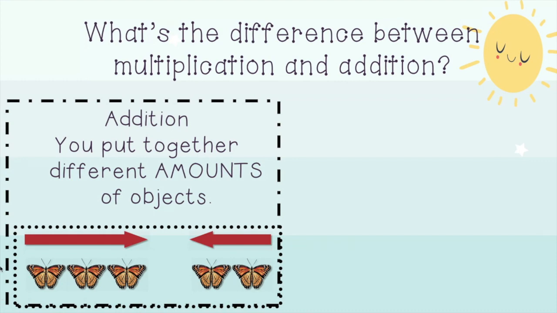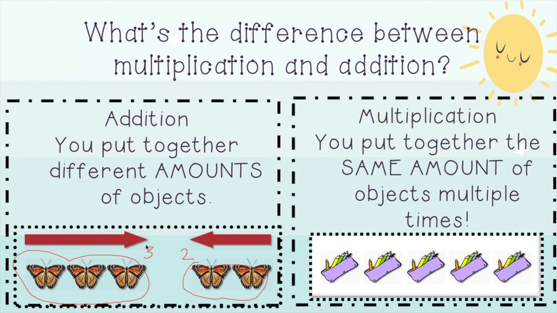In this group right here we see 3 butterflies, but in this group we see 2 butterflies, and these are not equal because 3 is different than 2. But if it were multiplication, you're going to put together the same amount of objects multiple times.